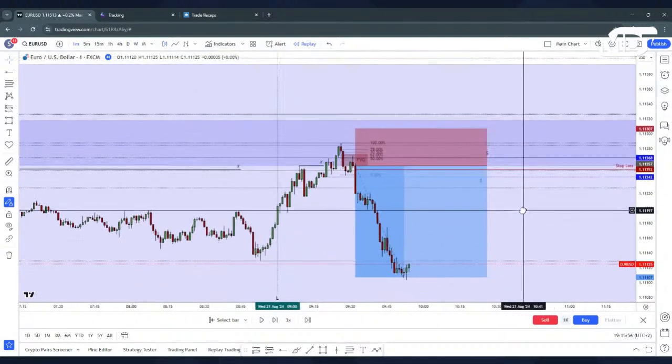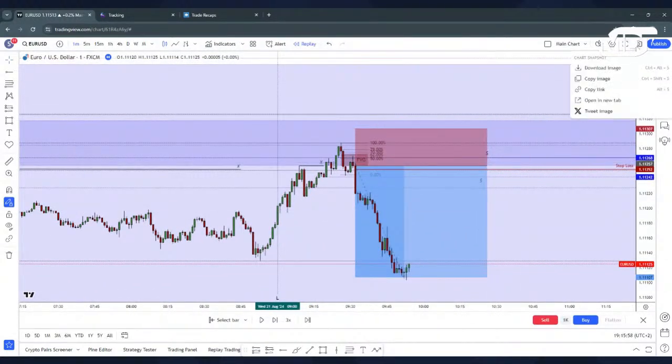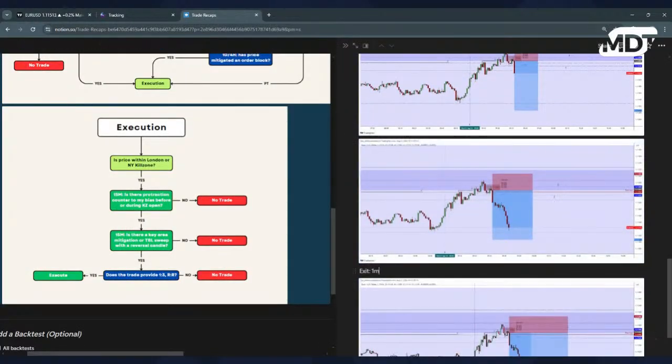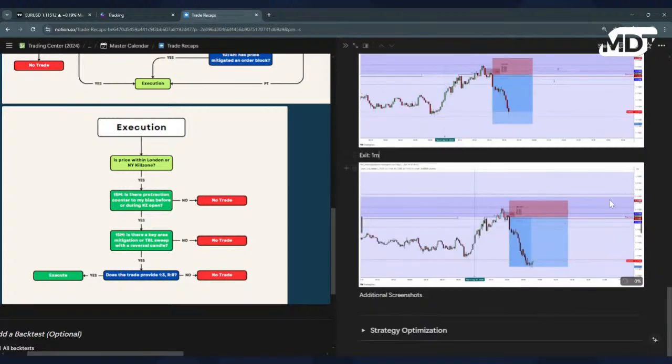TP hit. Exit also on the 1 minute. This just would have been a clean trade, and it just played out so well.